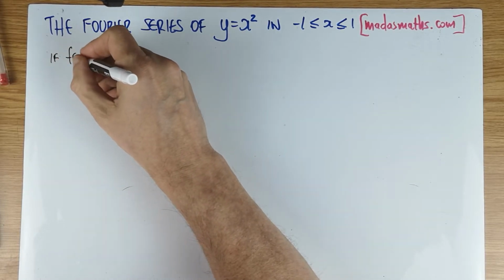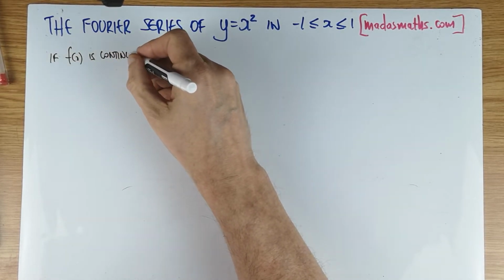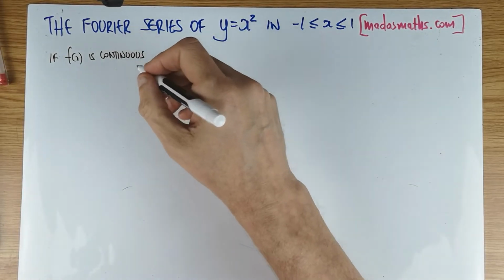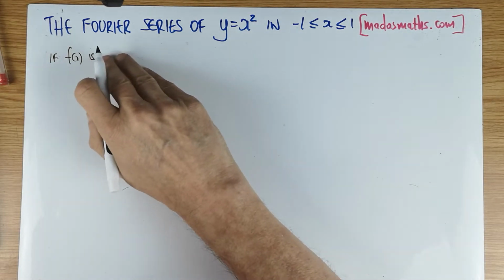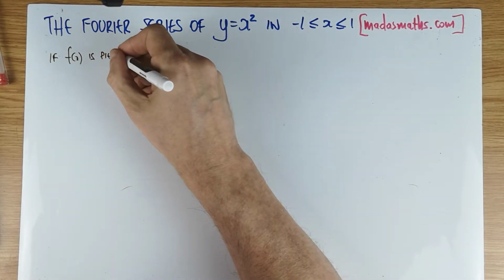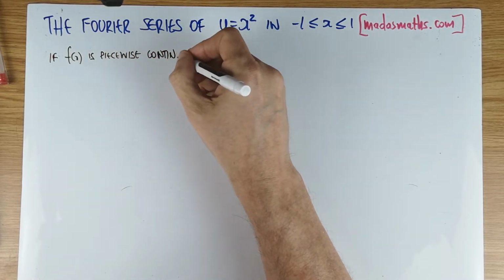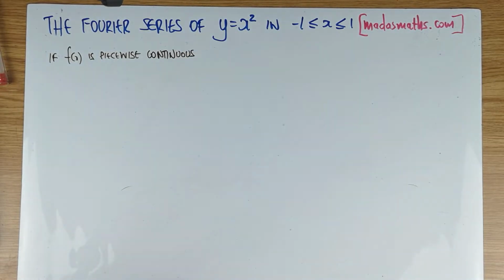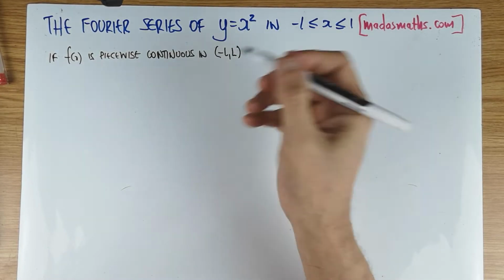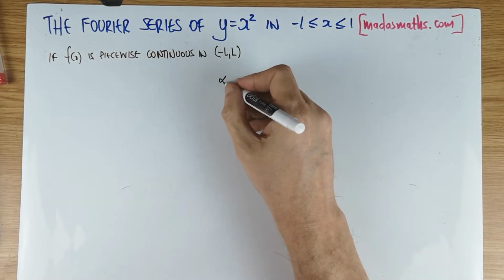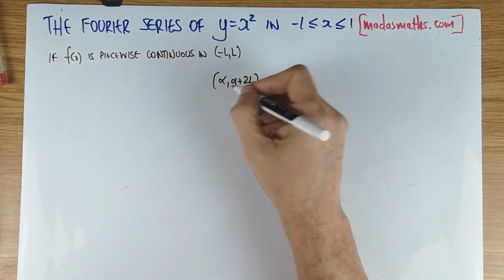Okay, so I'm going to write the Fourier theorem down, which says basically if f of x is piecewise continuous in the interval, let's say, -L to L. In the most general form, the interval should be alpha, comma, alpha plus 2L.